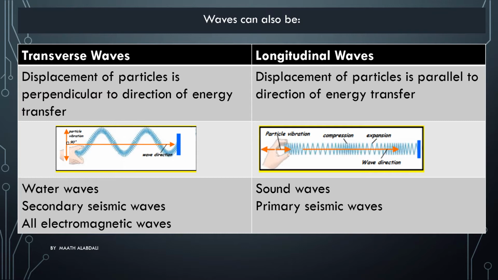A longitudinal wave is when the displacement of particles is parallel to the direction of energy transfer or propagation. Examples of transverse waves are water waves, secondary seismic waves, and all the electromagnetic waves, so they all have the same speed. Examples of longitudinal waves are sound waves and primary seismic waves.